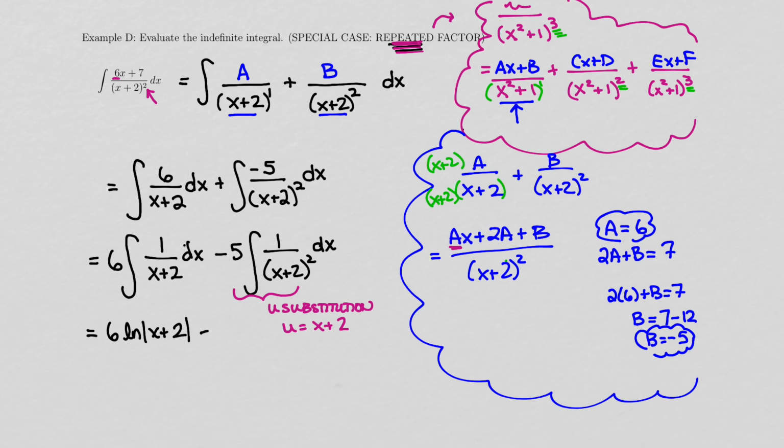Anyways, u is x plus 2. You guys are doing x plus 2. du is dx. So on that second integral you're doing the antiderivative of 1 over u squared, which you're rewriting as u to the negative 2, and then you're adding 1 and flipping it over.